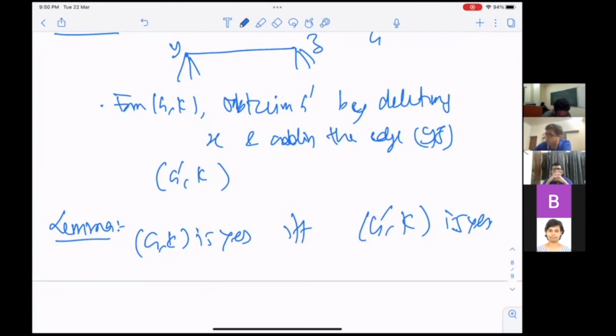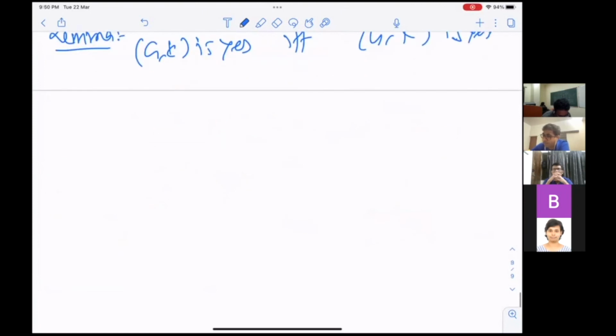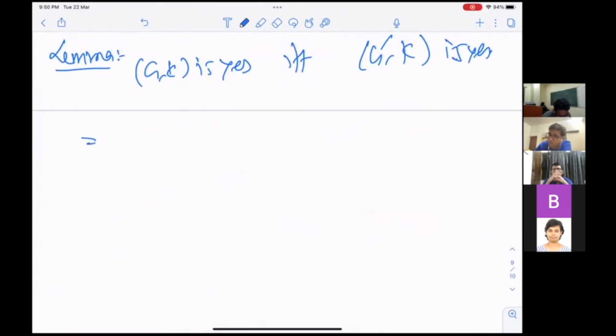Okay. So what I'm not able to understand is the forward direction of the proof. Imagine that S contains X. Then what happens?